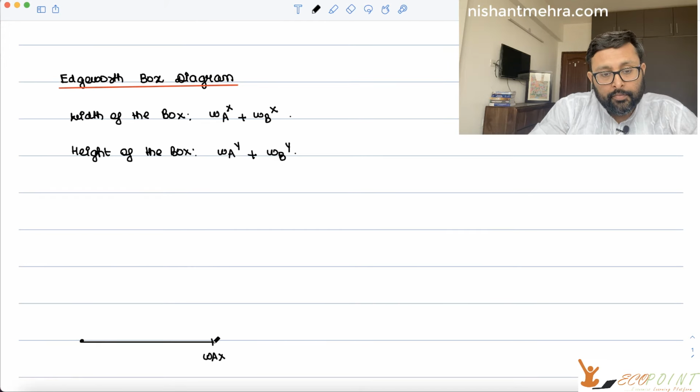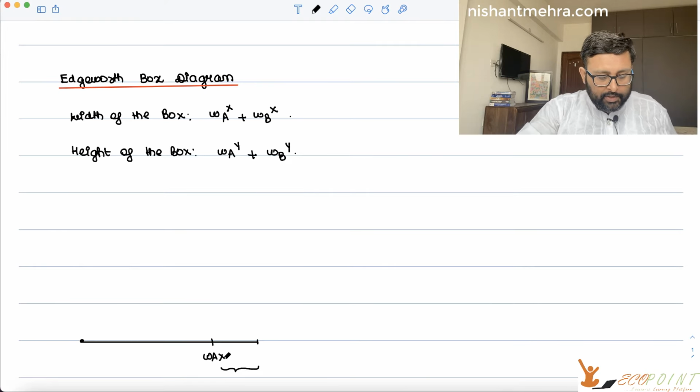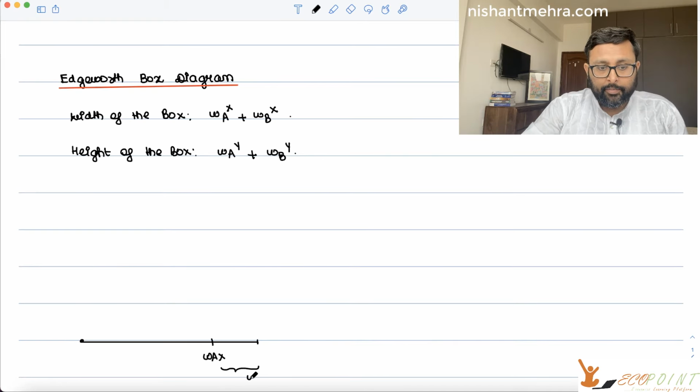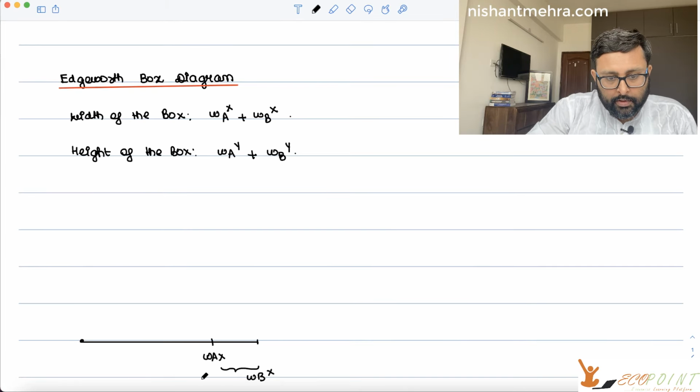And this is the amount of this one, only this one. Please don't make the diagram like this. I'm just making you understand. So that is the reason I'm drawing it this way. This is WBX. So I'll rub this. I'm just telling you how you write this.